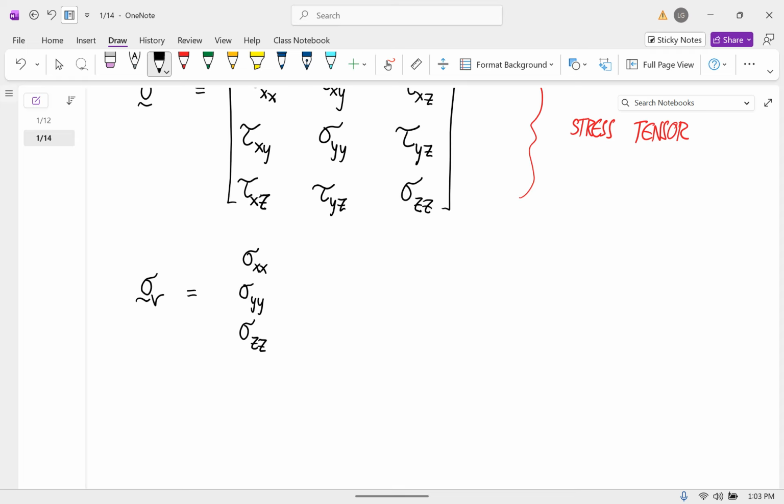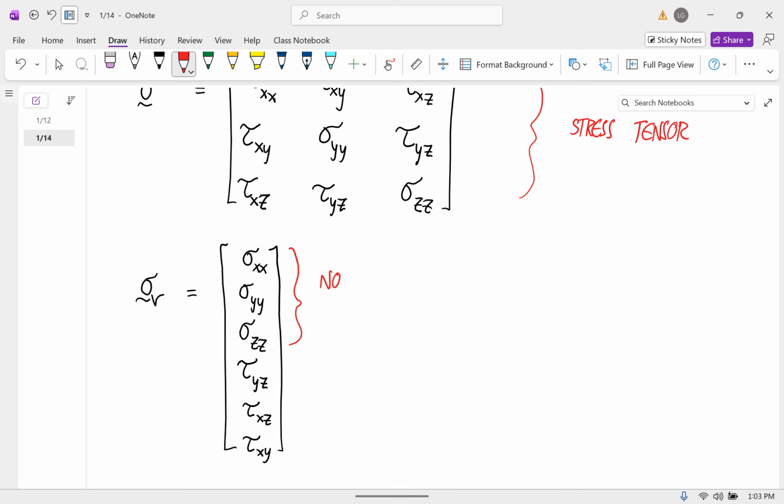Seems stupid. I don't know why that's how people did it. I didn't get to decide. But you would think xy, xz, yz, it's in the exact opposite order. So it's tau yz, tau xz, tau xy. So these are the normal stresses. And these are the shears in backwards order.